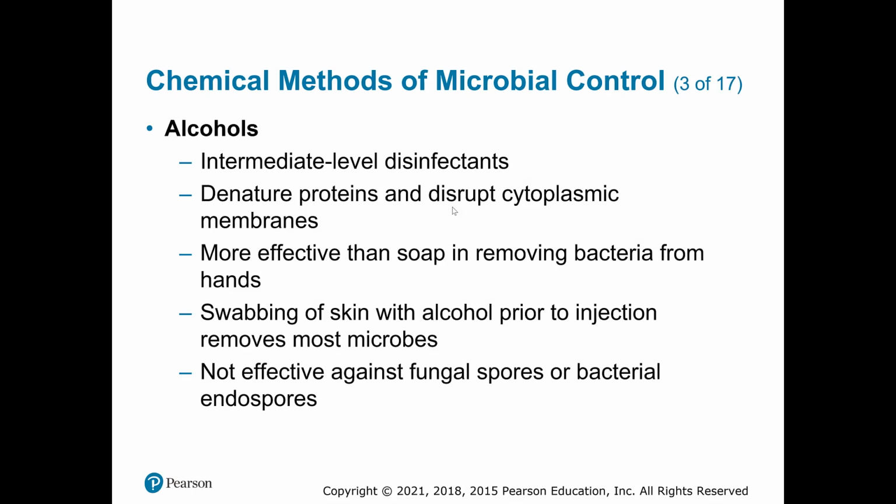Alcohol, so rubbing alcohol. This is going to be intermediate level. It denatures proteins, disrupts membranes. You can use it as an antiseptic on yourself, on a person's skin. You can use it as a disinfectant on a surface.